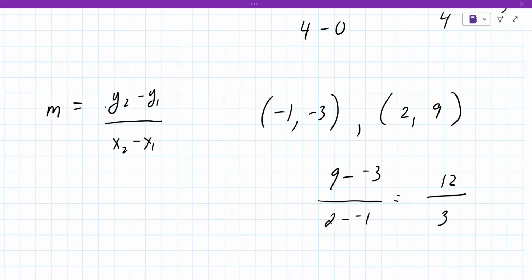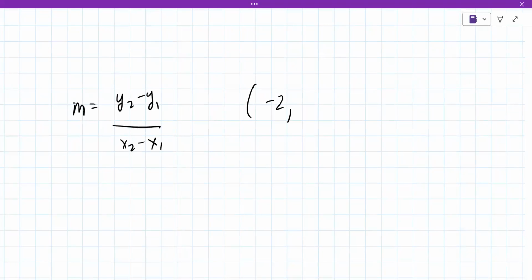Okay, let me give you another one here. So the slope is y2 minus y1 over x2 minus x1. Let's try one more here. Let's go (-2, -6) and (3, 9). 8/15, maybe.